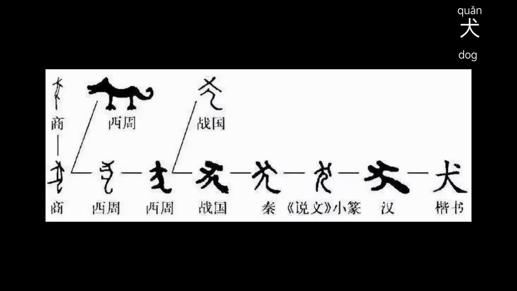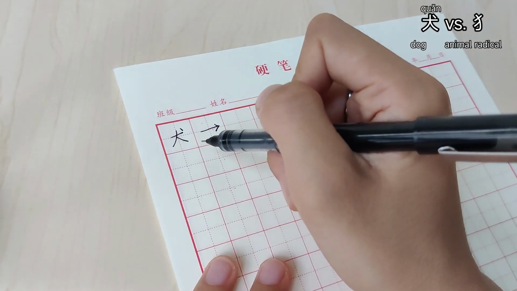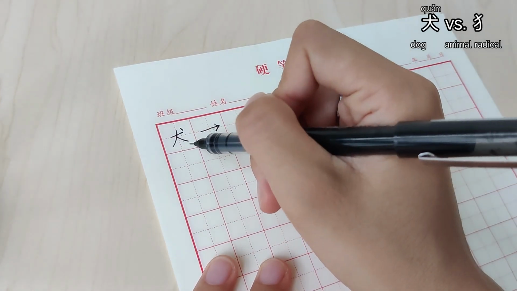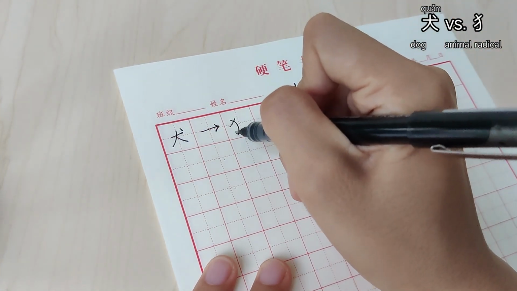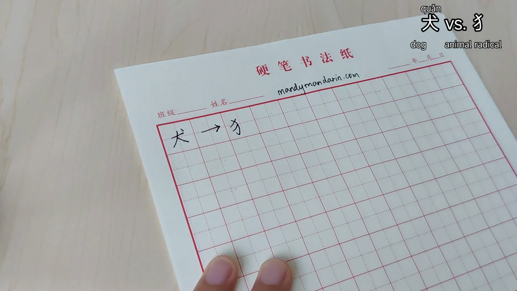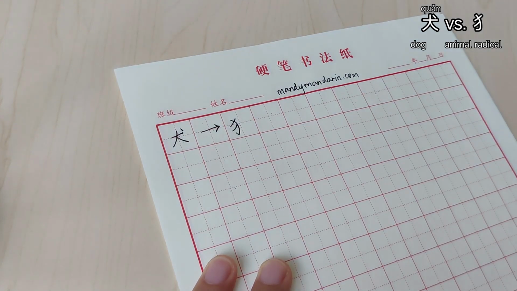This is an evolution of the word 犬. Technically it evolved from a picture of a dog. After thousands of years of evolution, the 犬 became the radical like this.